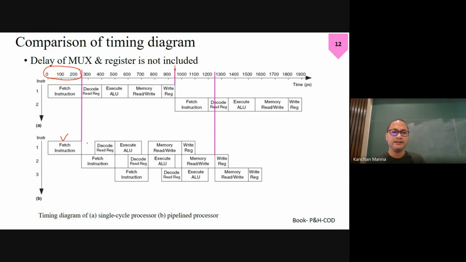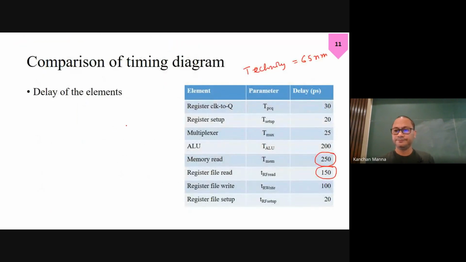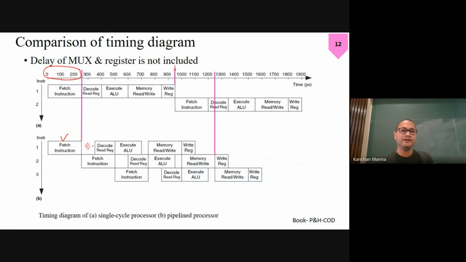You can see here nothing is happening, that we will discuss. But here we are reading the value from the register file. That is also 150, if you remember in this table. Got it? So we'll discuss why this is empty. And then after that we are executing the instruction, and the ALU takes that time.